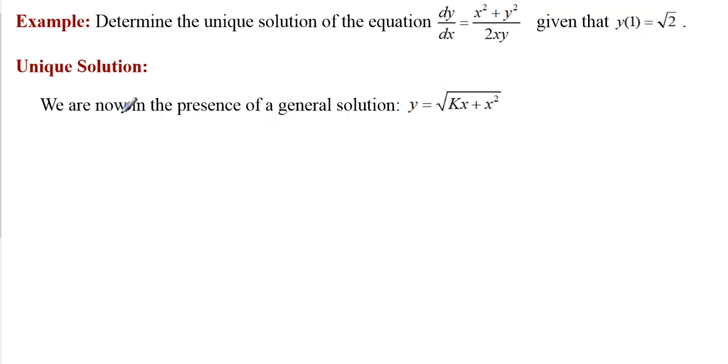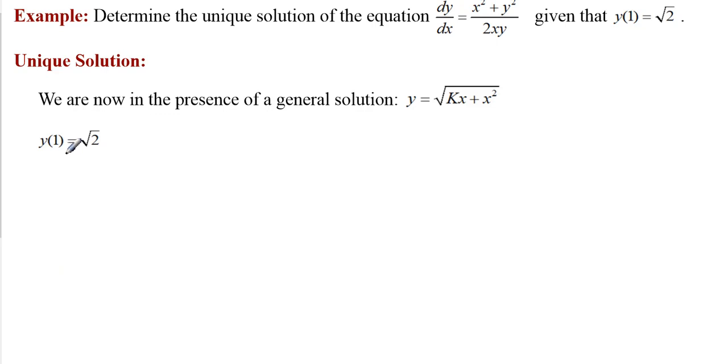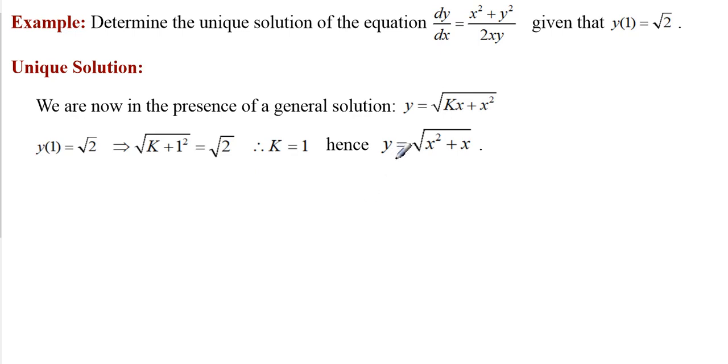Using this condition, y at 1 equals square root 2 implies that the square root of k plus 1, substituting x by 1 here, is equal to square root of 2, which takes us to concluding that k is equal to 1. And then we can now write the unique solution, which comes up as y is equal to the square root of x squared plus x. And this is the unique solution which satisfies the condition given here.